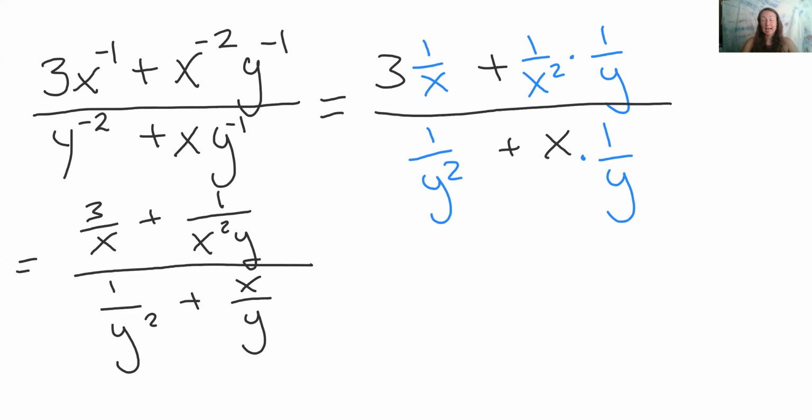So we're going to decide how we want to simplify this complex fraction. We can combine the numerator into a single fraction via addition, combine the denominator into a single fraction via addition, and then treat that main fraction bar as division. So that was method 1 we learned for simplifying complex fractions.